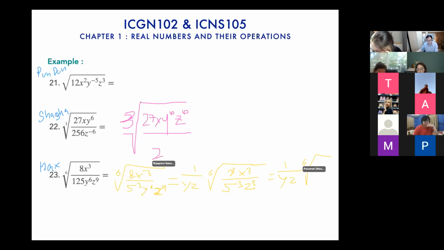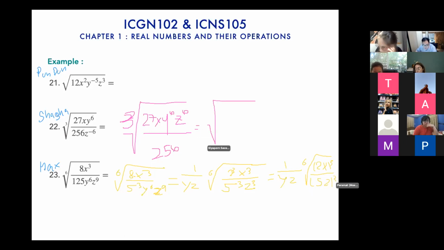In example number 21, because it is a square root, you can distribute the square root into each term. If you remember, we can make this one in terms of exponent.